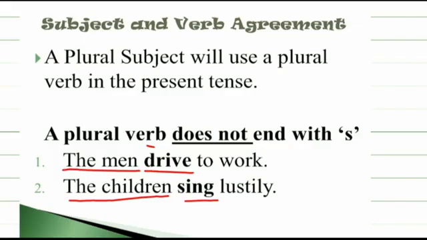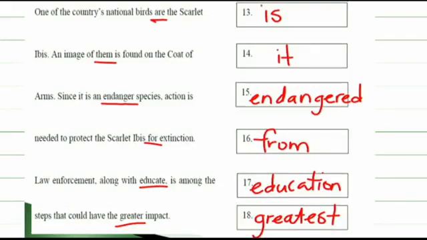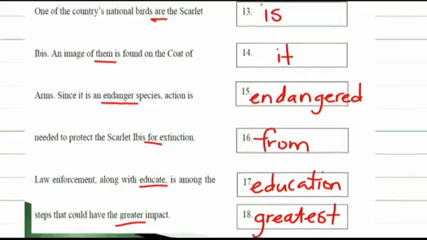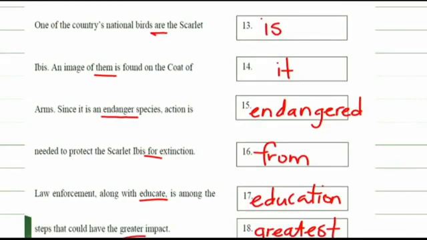Very important. Looking back at line 1, one of the country's national birds is the scarlet ibis. How did we know to use is rather than are? Your key here is one of the country's national birds. That one of is your indicator. That will help you to identify what your helping verb should actually be, whether is or are.